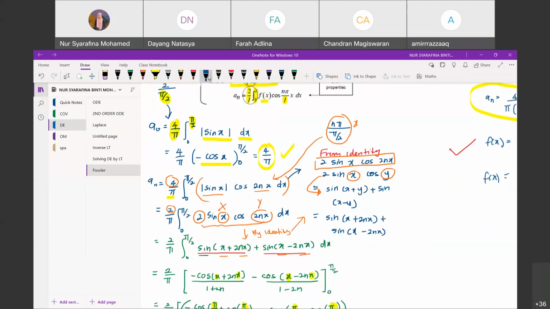Integrate sine, you get negative cos(x plus 2nx), differentiate inside the bracket, and you get 1 plus 2n. Integrate sine, you get negative cos(x minus 2nx), and differentiate inside the bracket, you get 1 minus 2n. And don't forget to put the limit from 0 to pi over 2. Okay, up to this point, is that clear, everyone?